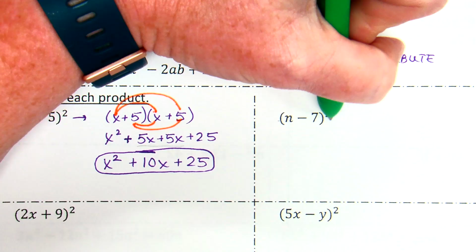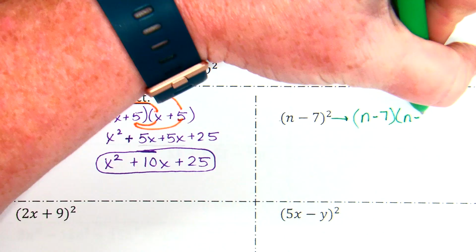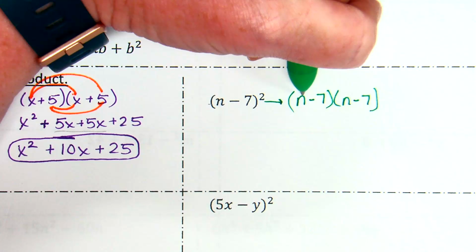Don't try and do it in your heads. n minus 7 squared means we're doing n minus 7 times n minus 7. I would start with n times n. Yeah, n to the second. Good.